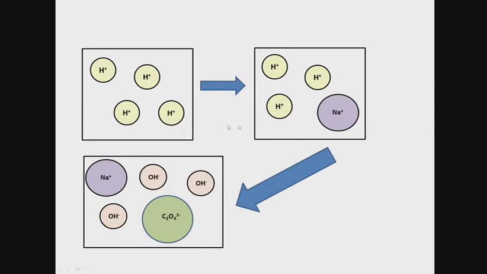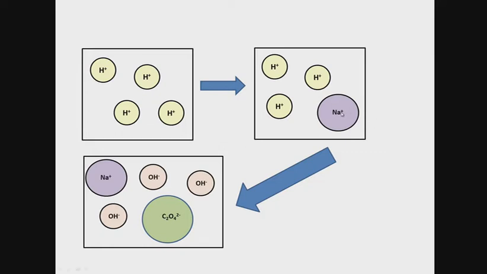Therefore, in going from this situation to this situation, the major change that we observe is the more mobile H plus ions are now being replaced by the less mobile Na plus ion, and therefore, you do expect a rapid decrease in the conductance value as you go on adding more and more sodium hydroxide solution.